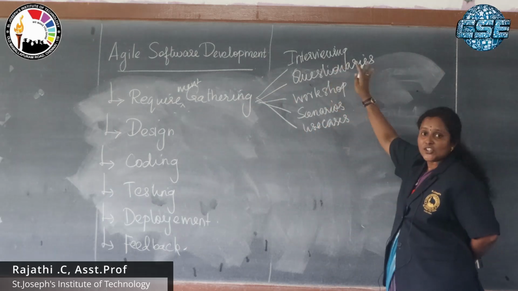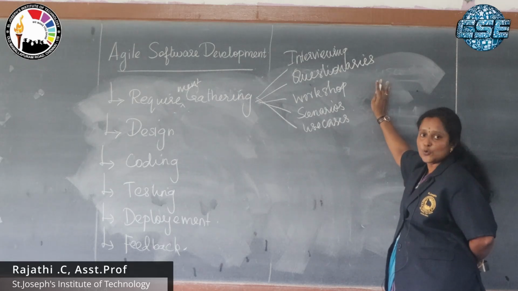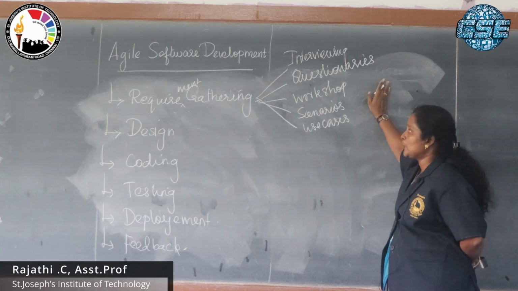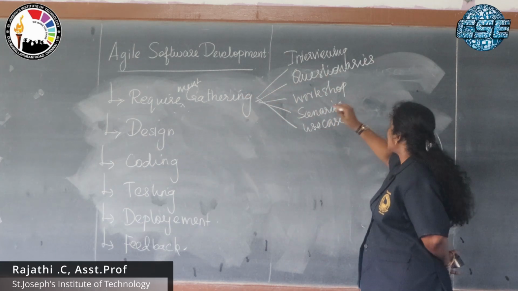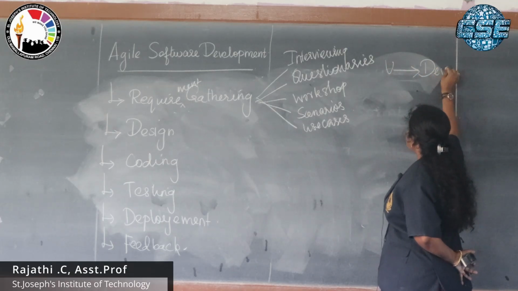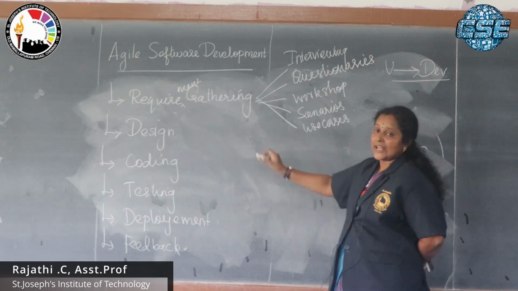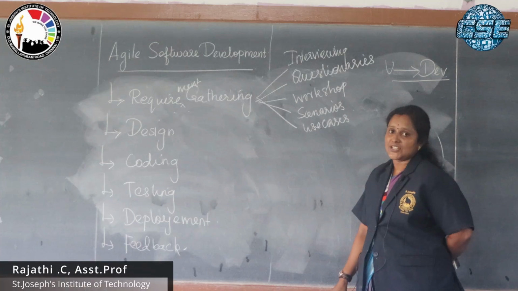These are the methodologies we follow to gather information from the user. What we do in this requirement gathering phase is collect information from the user to the developer. This requirement gathering process is also called requirement elicitation.